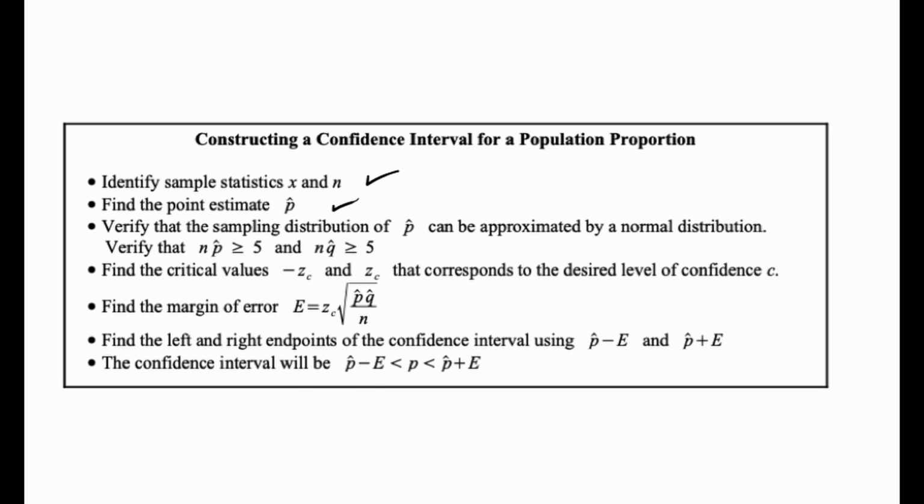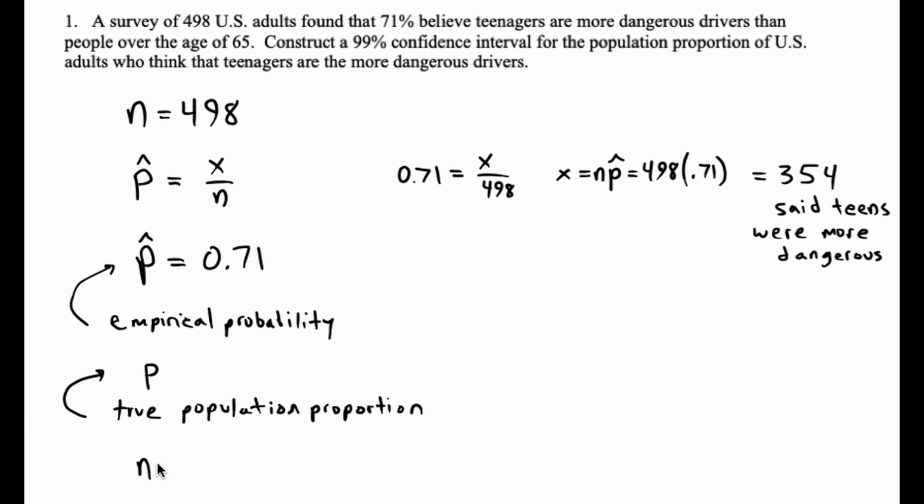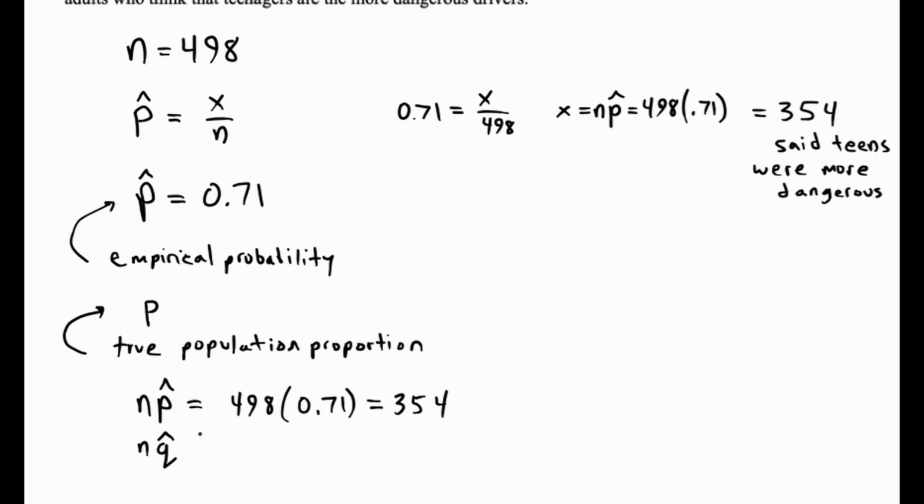Next, we want to verify that the sampling distribution can be used. So are our N P hat and N Q hat big enough? They have to be at least 5 in order for it to be approximately normal. We talked about that in the past a little bit. So N times P hat here is going to be 498 times 0.71, which, we already did that, is 354. And then we also need N times Q hat.